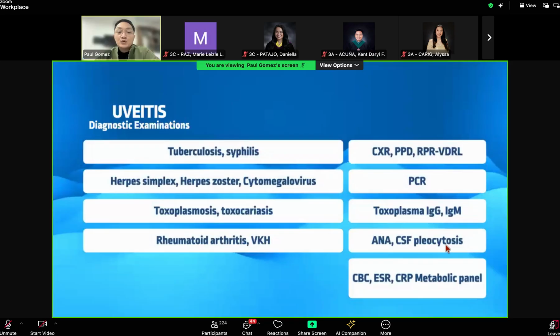If you're looking at rheumatoid arthritis or VKH, possible tests that you may order include ANA, CSF pleocytosis. And additionally, you should order baseline CBC, ESR, CRP, and metabolic panel to assess for general organ function.